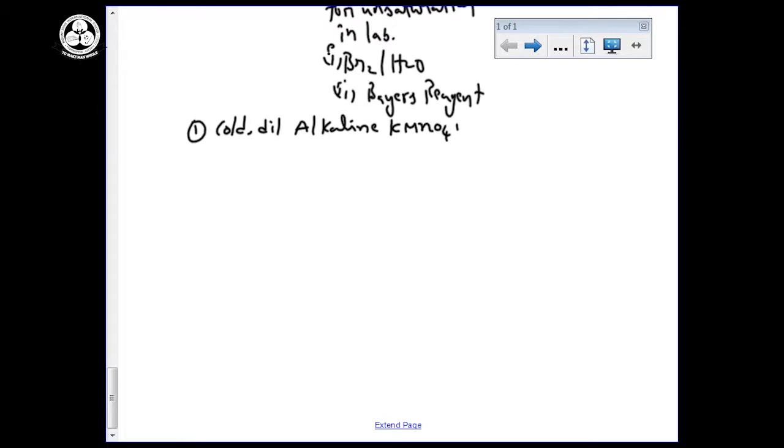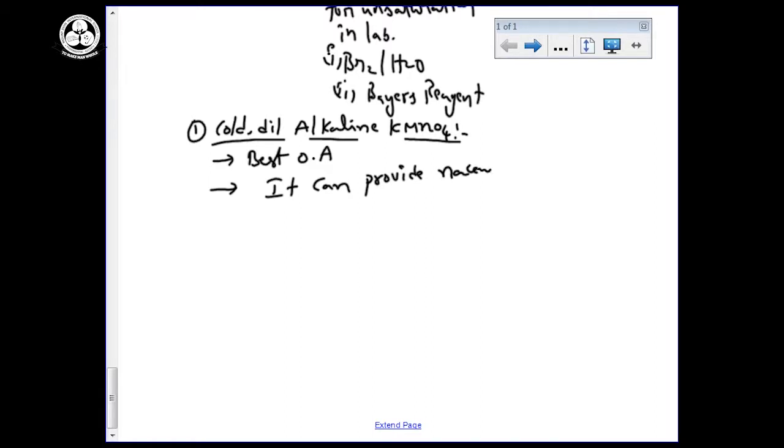What we are saying, this cold dilute alkaline KMnO4 is called the best oxidizing agent. What is the meaning of best oxidizing agent? It can provide nascent oxygen.